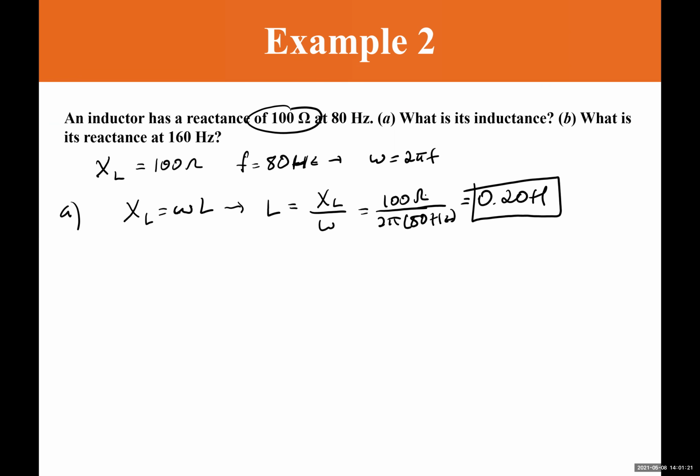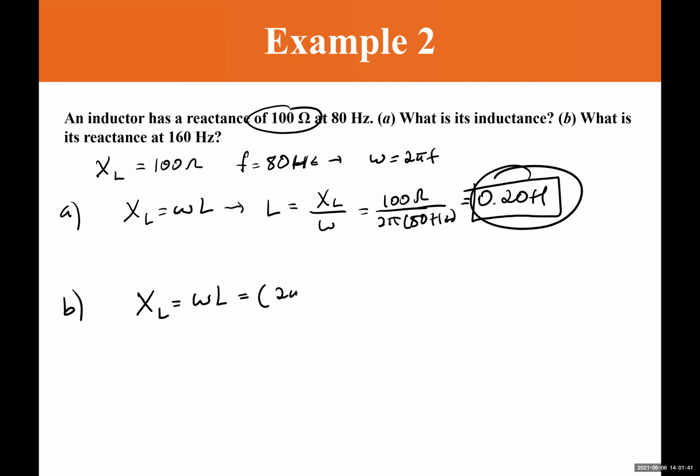Part B asks, what is the reactance at 160 hertz? Now that we have the inductance, it doesn't change with frequency. Reactance changes with frequency, but not the inductance. So X sub L equals omega L again.